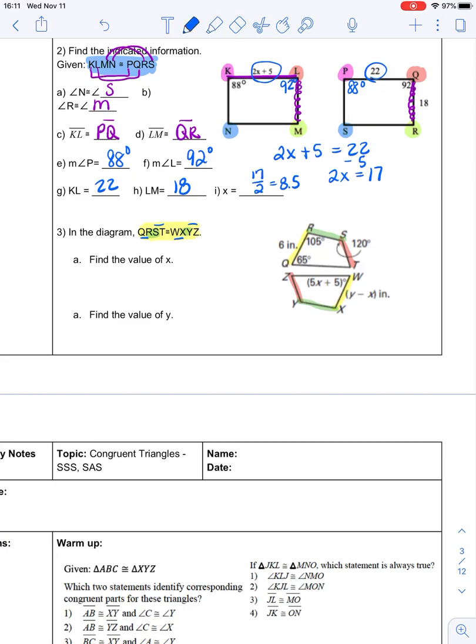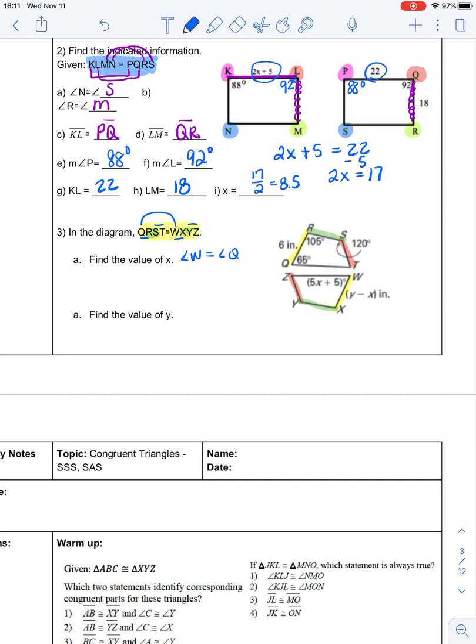So I want to find the value of x. I look and I have a couple of x's. I have 5x plus 5 at angle W, and I have y minus x on WX. Well, I don't want to use y minus x because that's two variables, and I just want to use one at a time. So I know that angle W is equal to angle Q. Well, angle Q is 65 degrees.